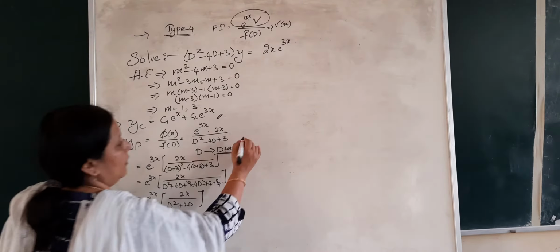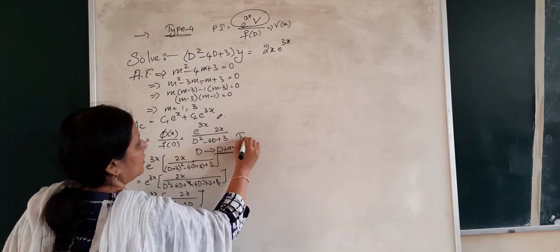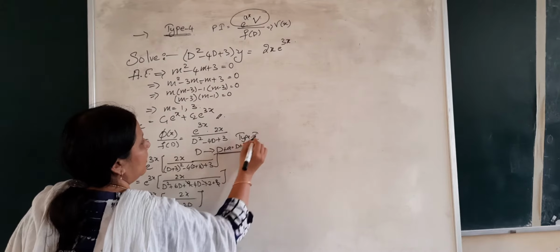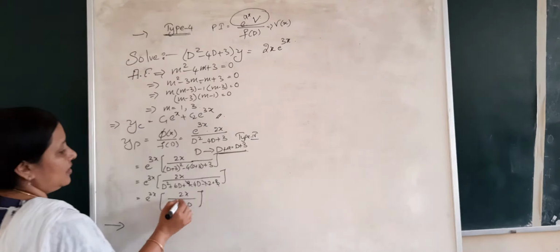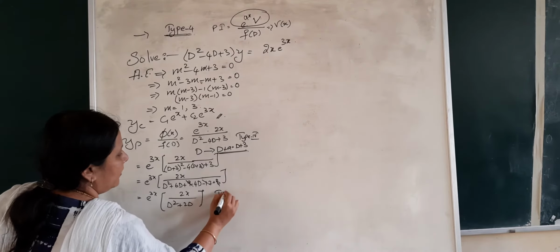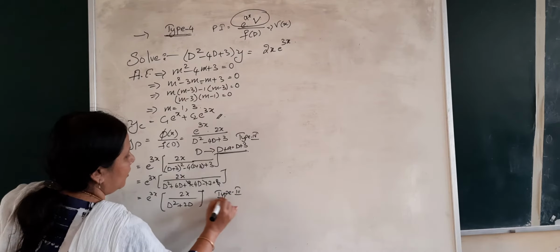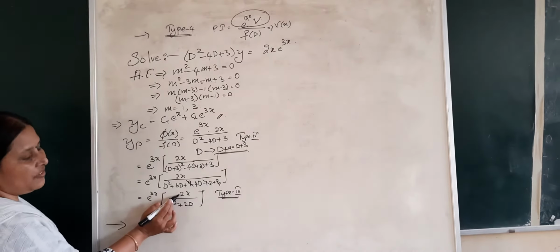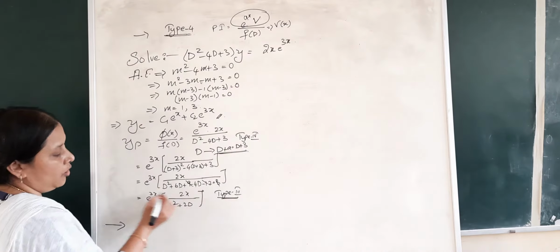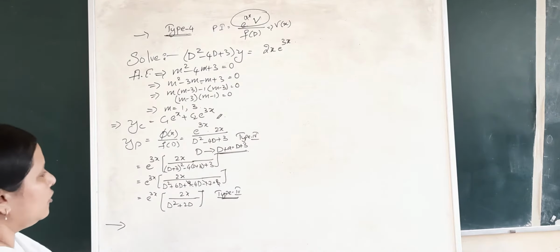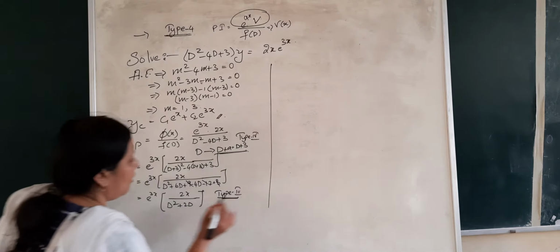Now I will mention here, in this first step I have applied type 4. Now in this step I am going to apply type 3. Why type 3? Because we have a polynomial function in the numerator, a polynomial in terms of x. So let us see the long division here.